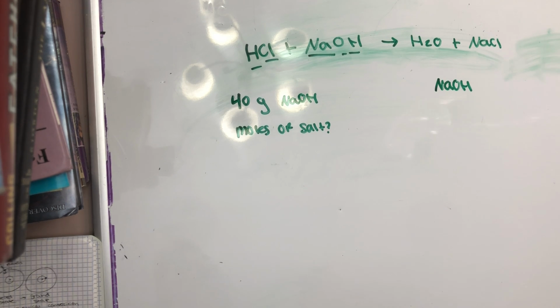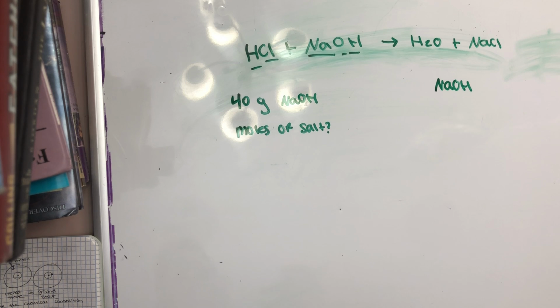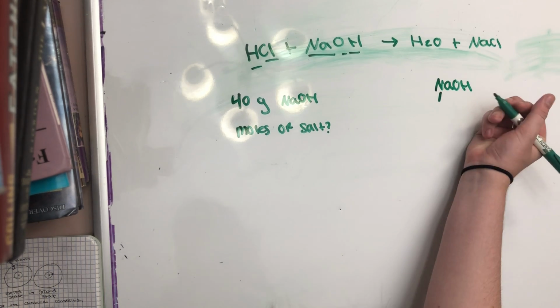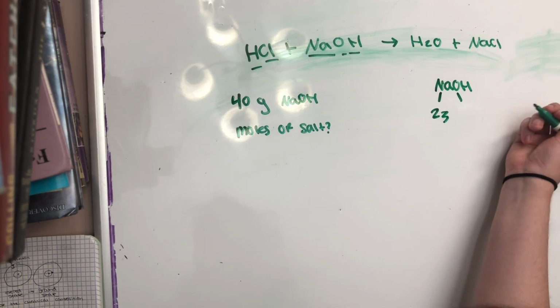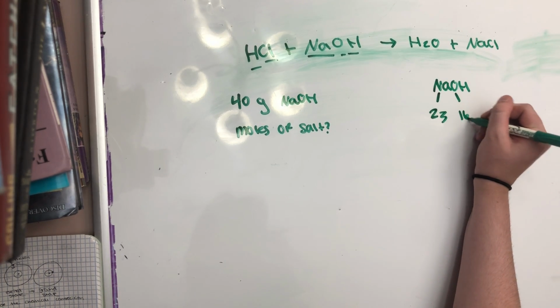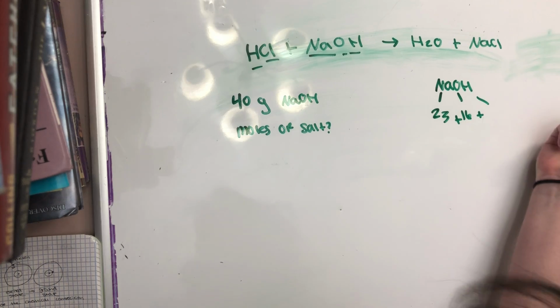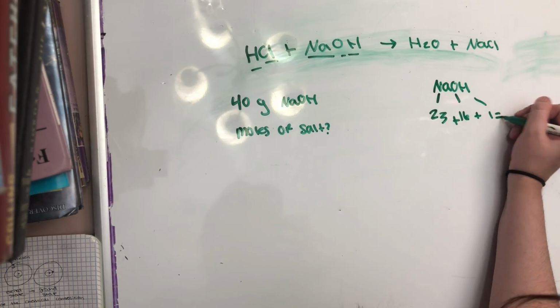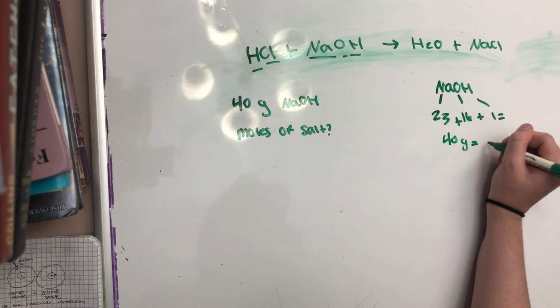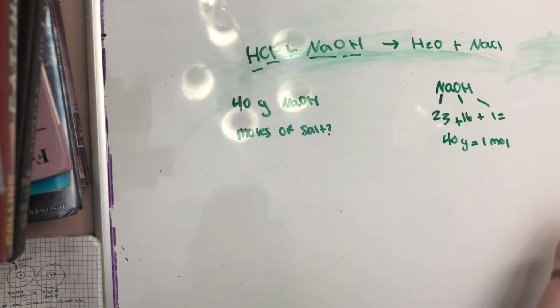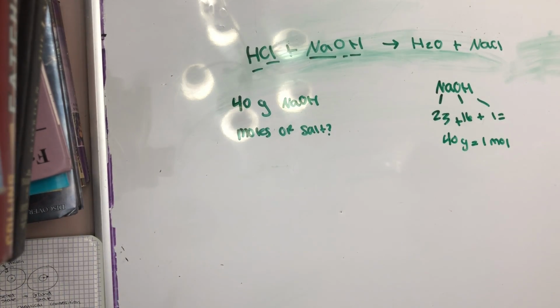Na is going to be 23, and then oxygen is going to be 16, and then hydrogen is going to be 1. So these all equal 40 grams equals 1 mole. So that's our 40 grams of NaOH there. So we're going to use that.